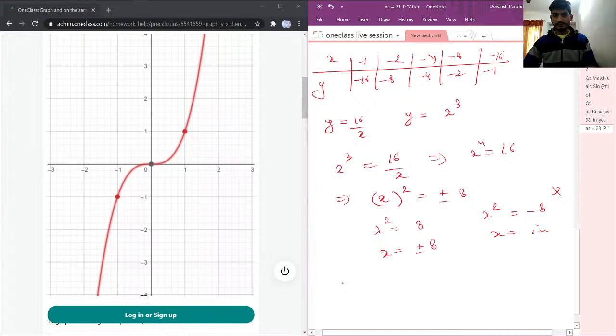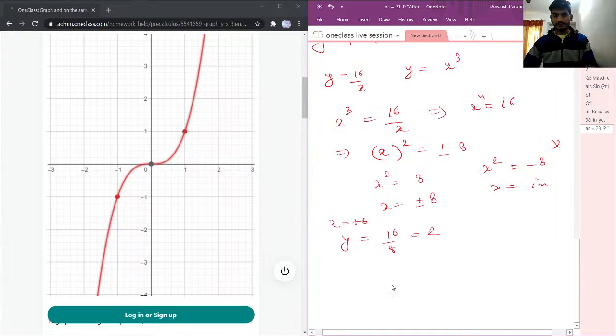So for x equal to plus 2, we have y equal to 8. For x equal to negative 2, we have y equal to negative 8.